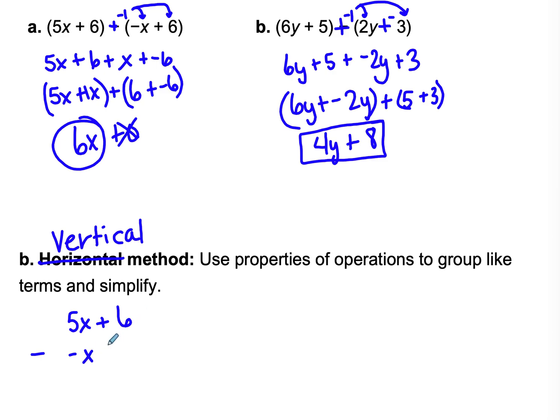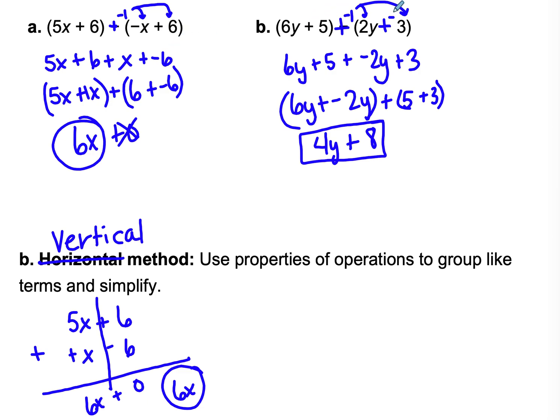And we are subtracting a 6. Okay, 5x minus -x. Change to addition, change the sign. 5x plus x is 6x. 6 plus -6 is 0. 6x plus 0 is really just 6x.